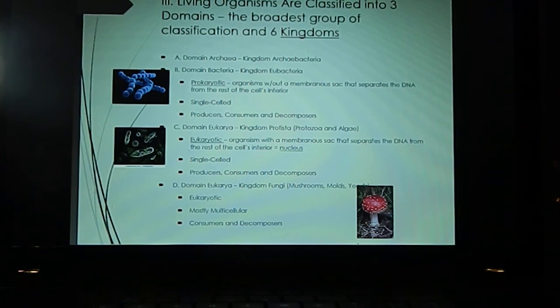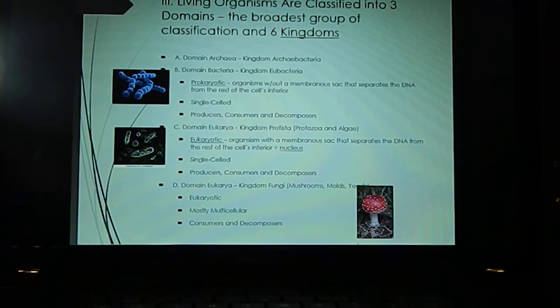Karyotic is referring to a nucleus, and a nucleus is a membrane surrounding the DNA that separates it from the rest of the cell. Prokaryotic cells, early or before, are cells that do not have a nucleus. They don't have that membrane around the DNA. So both of those are prokaryotic.